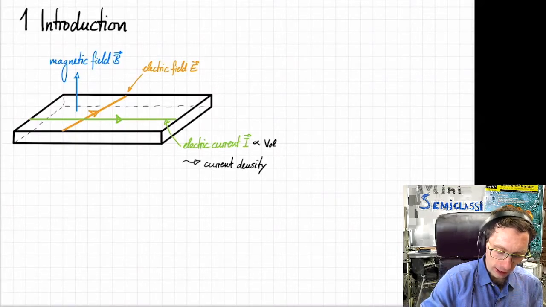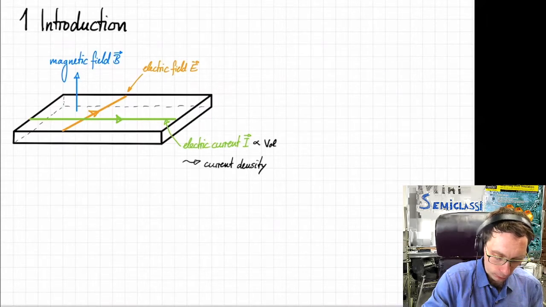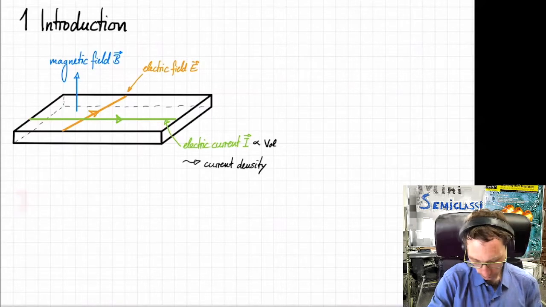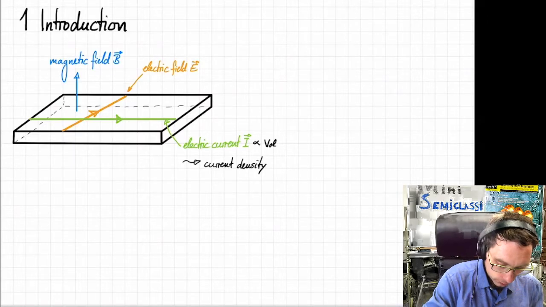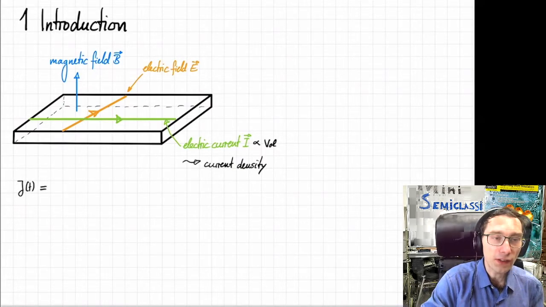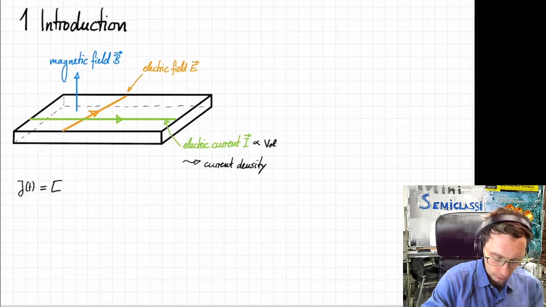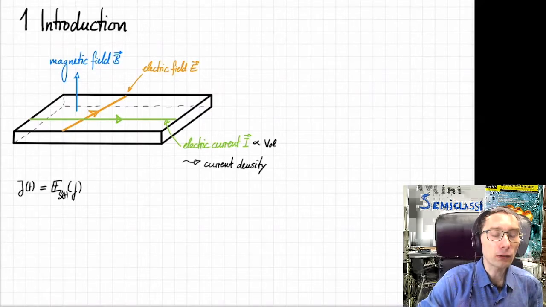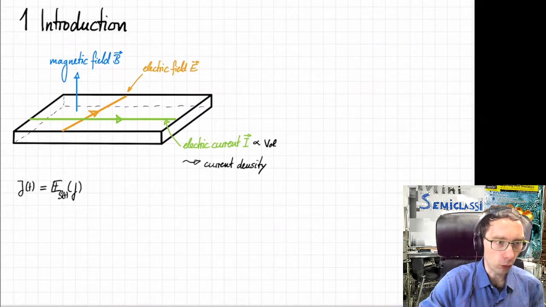The current density, let me write this as J of t. This is the expectation value of the current observable with respect to the time-evolved state rho of t.